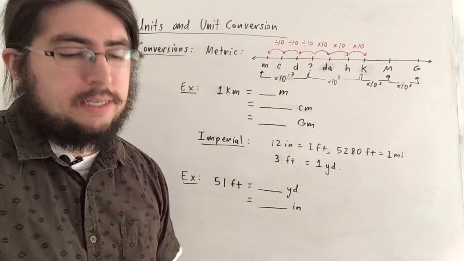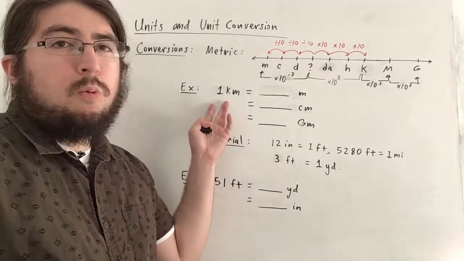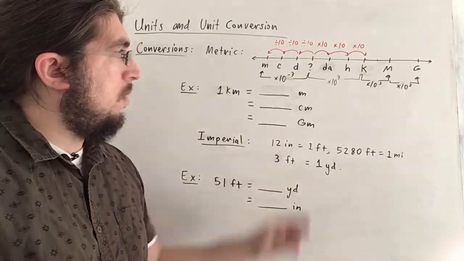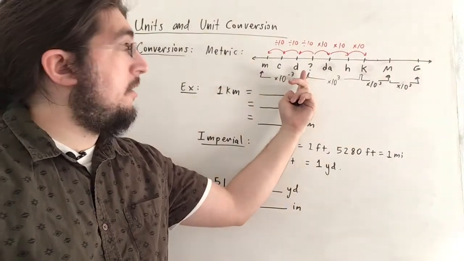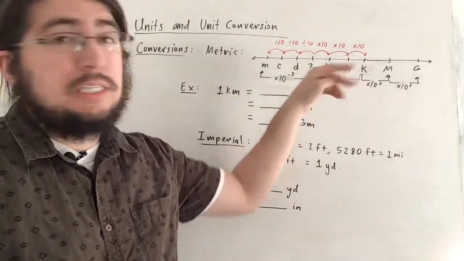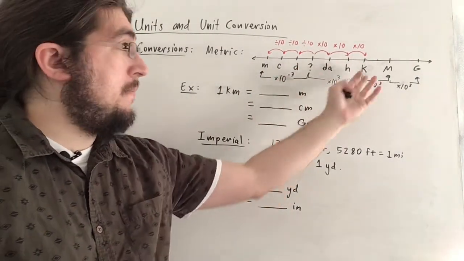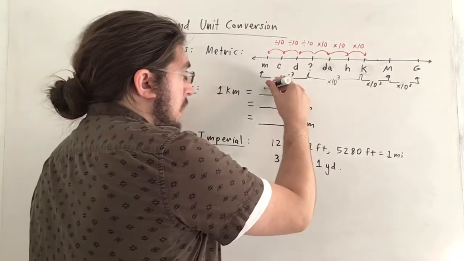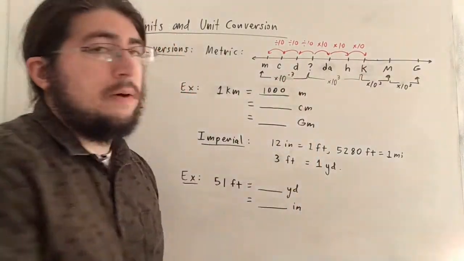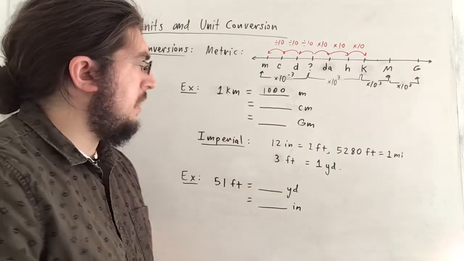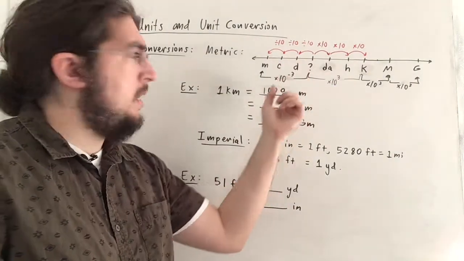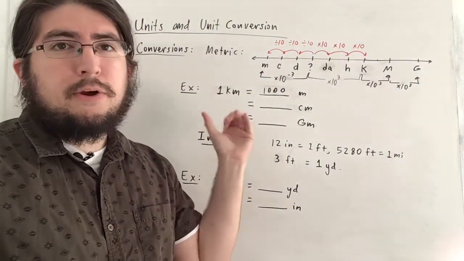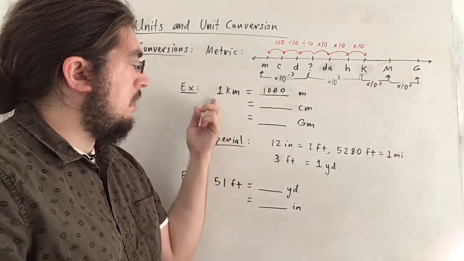So in this case, our base unit will be meters, but in digital storage, the base unit will be byte or bit. So for 1 kilometer to meters, if our base unit is here, we have to multiply by 1,000 to catch up with that many kilometers. So there's 1,000 meters in 1 kilometer, which sounds a little funny because you think, okay, meters is the smaller unit and kilometers is the bigger unit, but why does kilometers have a smaller number?